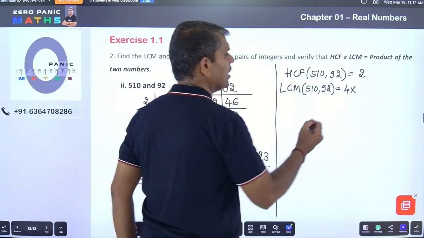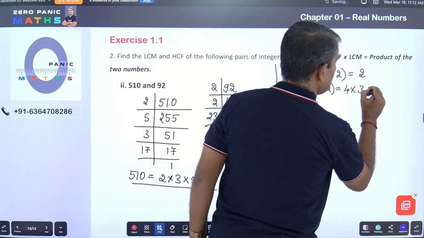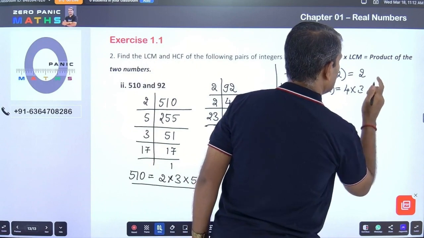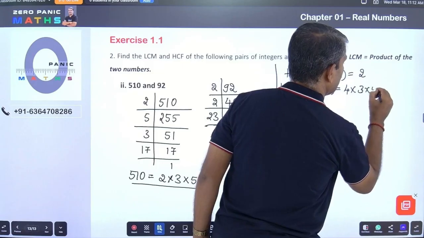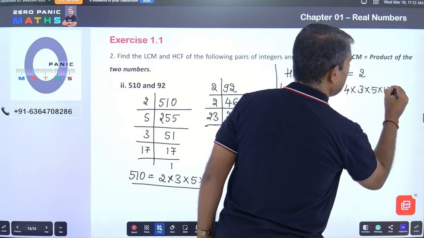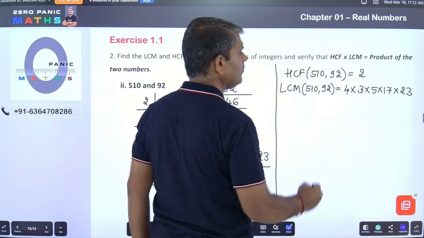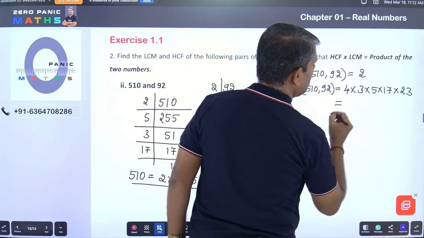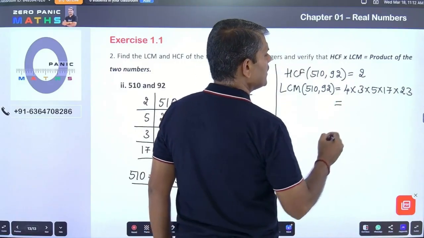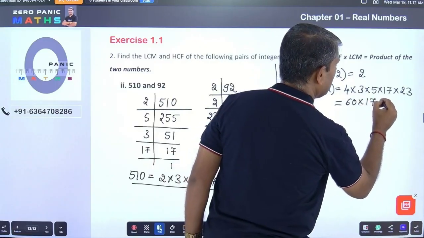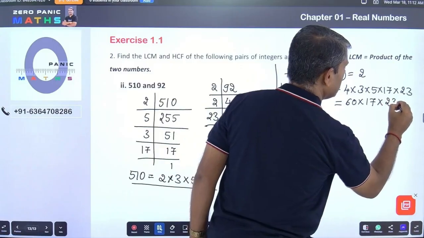It is actually the multiplication of all those. 4 3s are 12, 12 5s are 60, into 17 into 23.